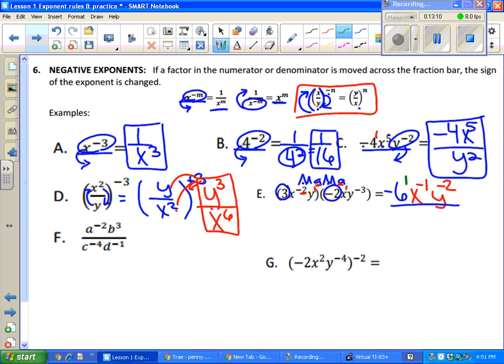No. Negative 6 does not have an exponent up high, so we know it should be thought of as a 1. Okay, move the x downstairs, move the y downstairs. Your final answer would be negative 6 stays on top, still a negative number, just doesn't have a negative exponent. X to the first, y to the positive 2. Final answer.